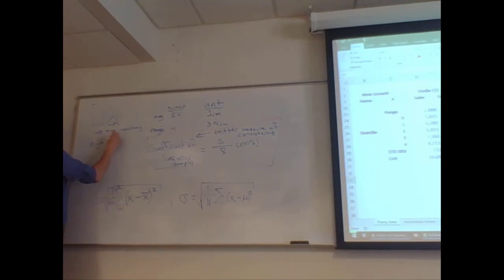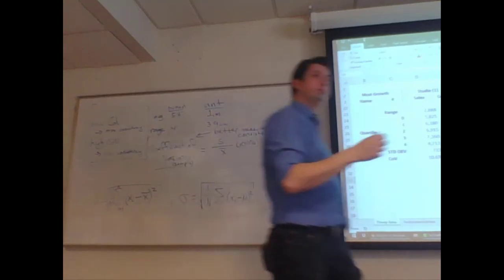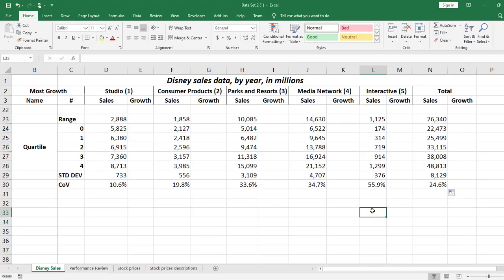A high coefficient of variation means less consistency. So which one is the most consistent? Okay, you can decide.